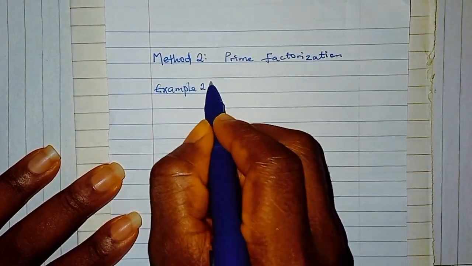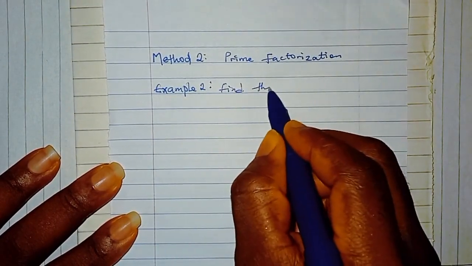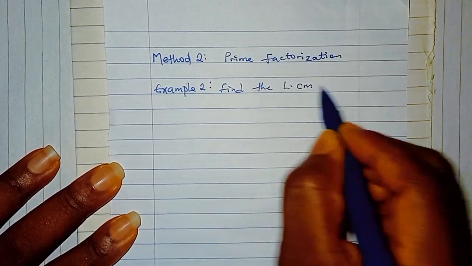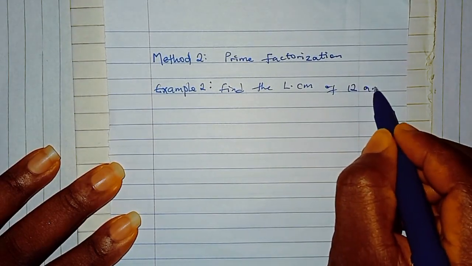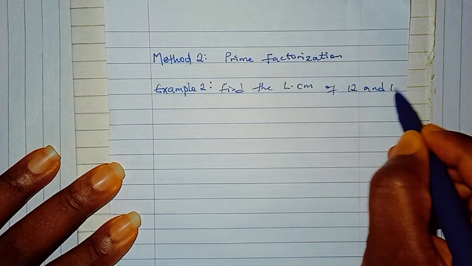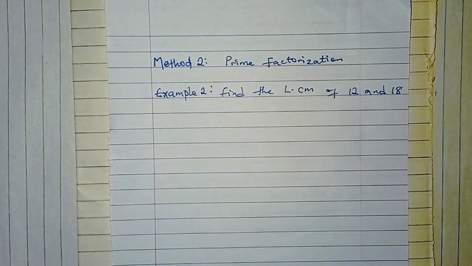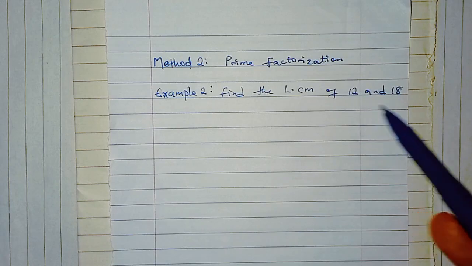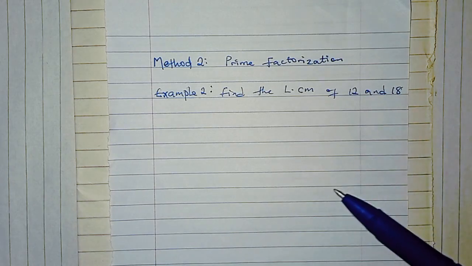Got it, example 2. We are asked to find the LCM of 12 and 18. Now the first thing we are going to do here is to break 12 and 18 down to prime factors.